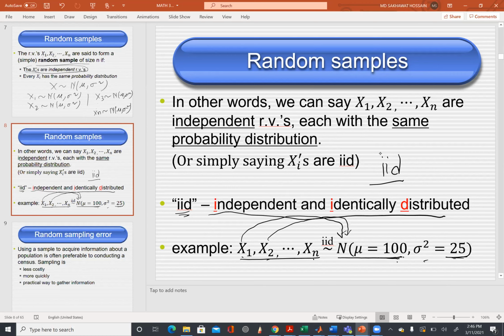So they follow the same distribution; they are identically distributed. And the first I means they are also independent. That means x1 doesn't depend on x2, and x2 doesn't depend on the other random variables. They are independent. So that's the meaning of IID, independent and identically distributed.